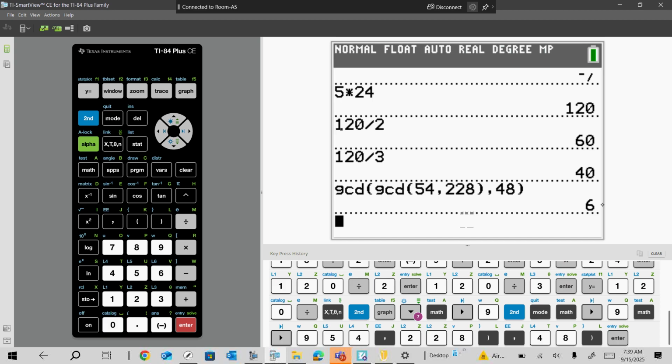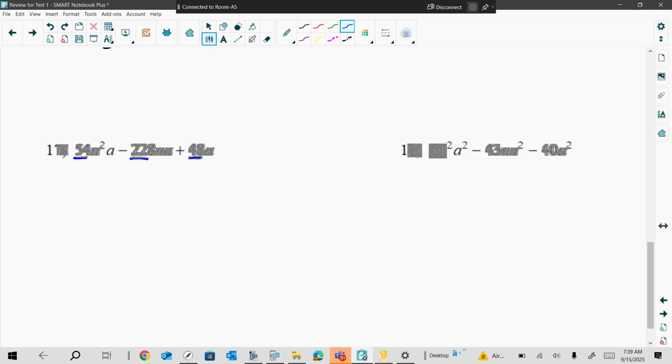So the GCF between the three terms is 6.